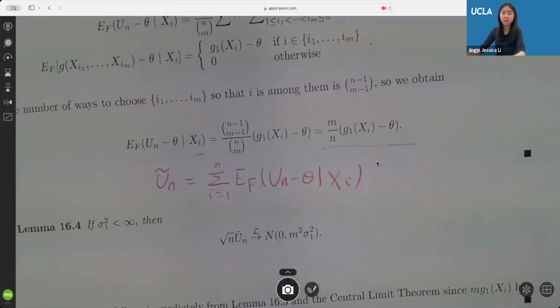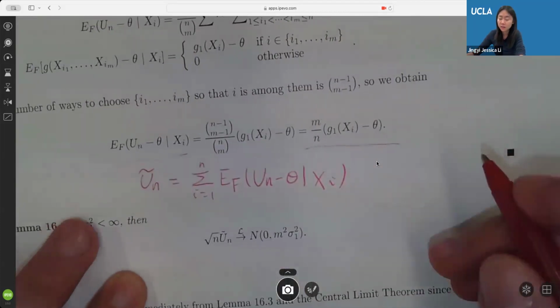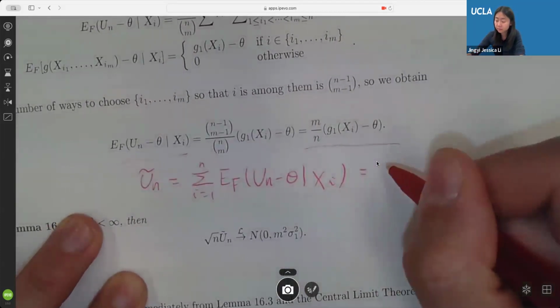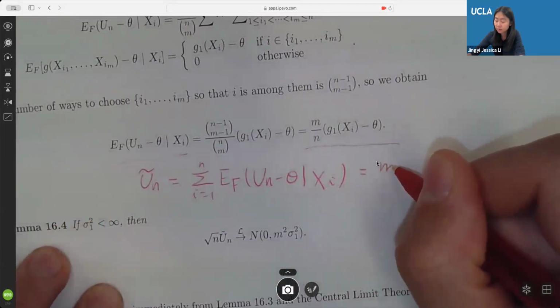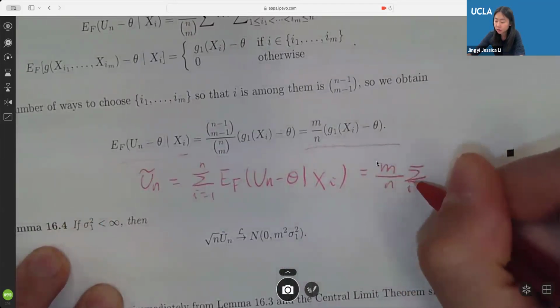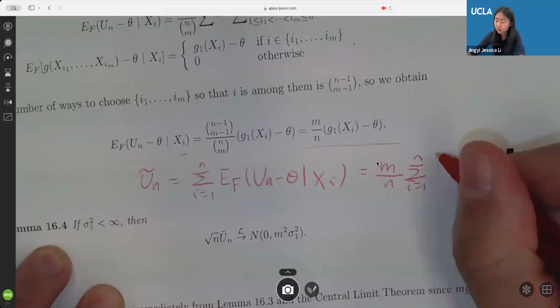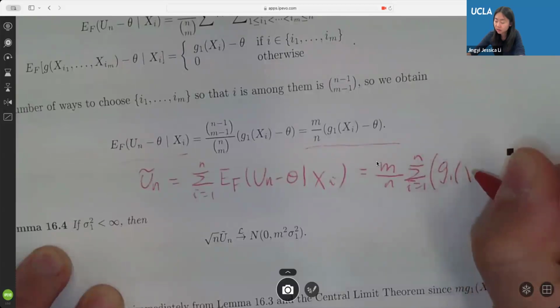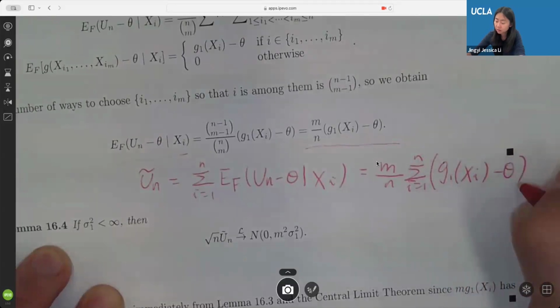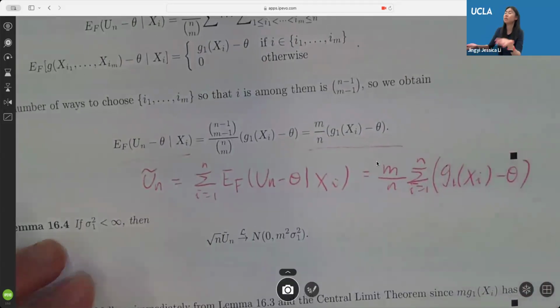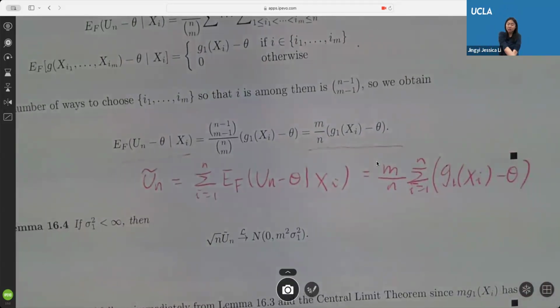So now we know that we simplify it, then it's basically m over n, sum i from 1 to n, G1 xi minus theta. That's it. Okay. So next step, how do we derive asymptotics for U_n tilde?